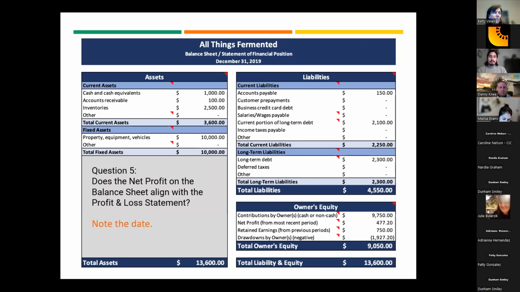And we're going to note the date, which is December 31st, 2019. We're going to find the net profit, which we've already done once. So we're going to look at that again, $477.20. So there's your balance sheet number.